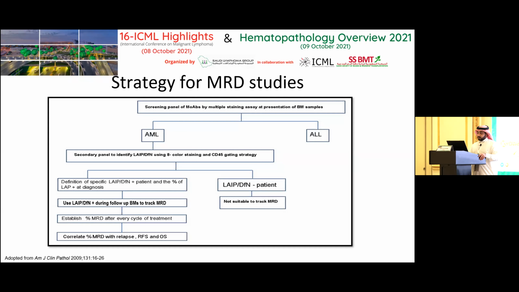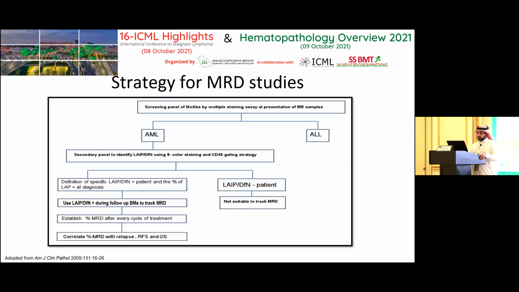If it is negative in this patient, it is not suitable to track MRD. But if we clearly specify the leukemia-associated antigen with the percentage of these blasts and the percentage of all the markers at diagnosis, this can be used during the follow-up and tracking of MRD.